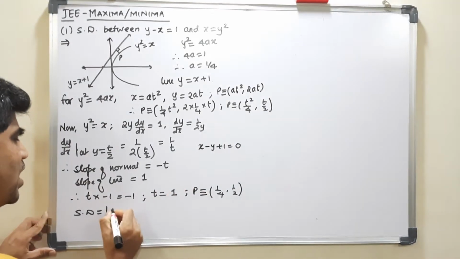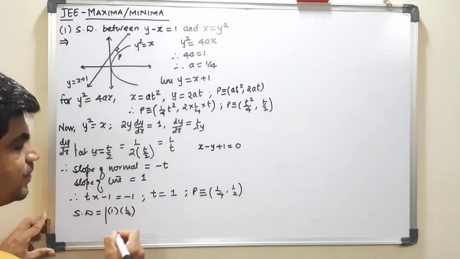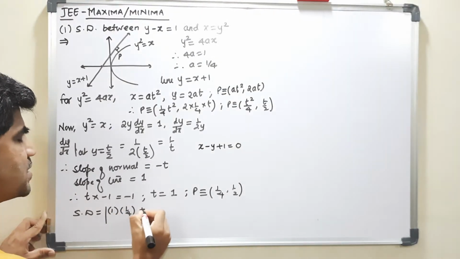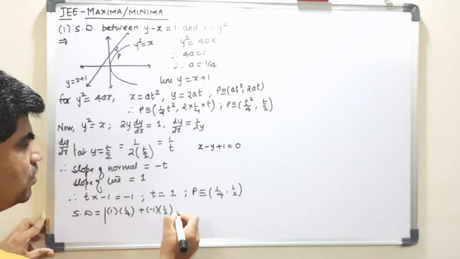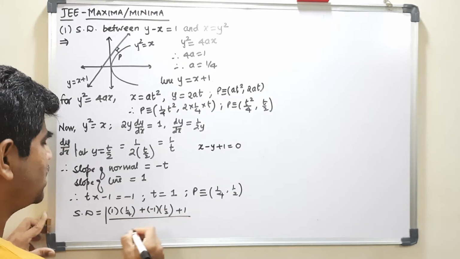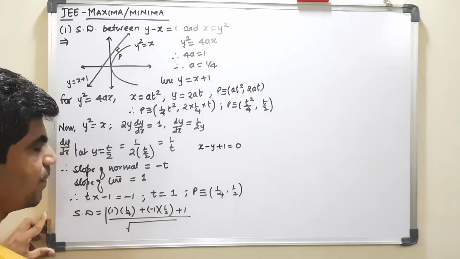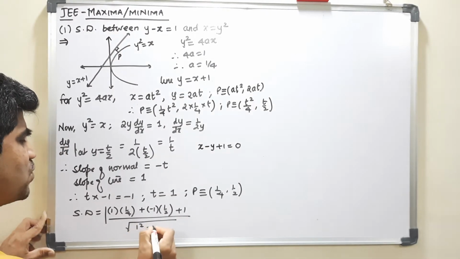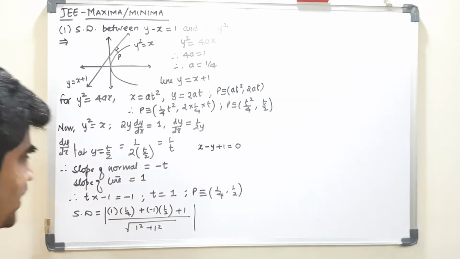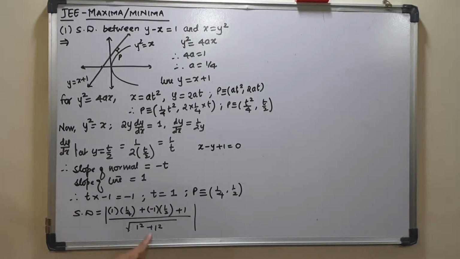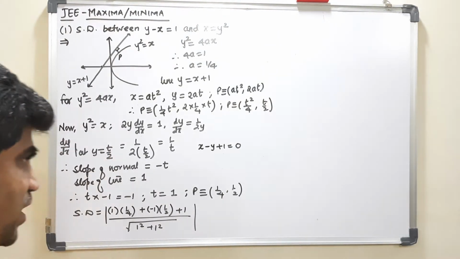So you get here 1 into 1 by 4 plus -1 into 1 by 2 plus 1 upon under root a square plus b square. That is 1 square plus -1 square, which will become obviously 1 square only.